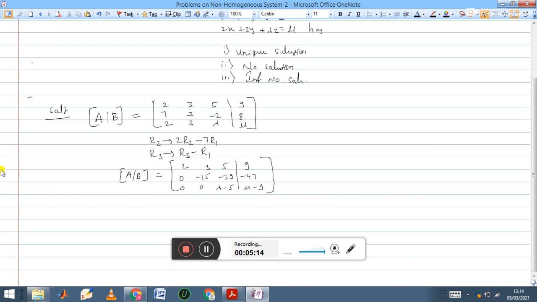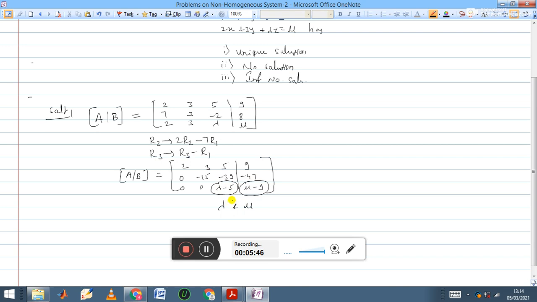Now it is almost in echelon form, but here the problem is your third row contains lambda minus 5 and mu minus 9. Means to find the rank of the matrix, it depends on two values, lambda and mu.